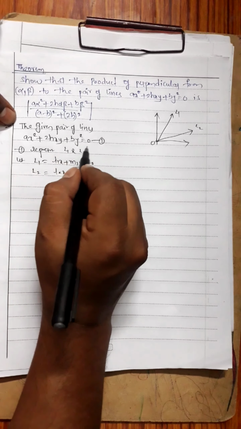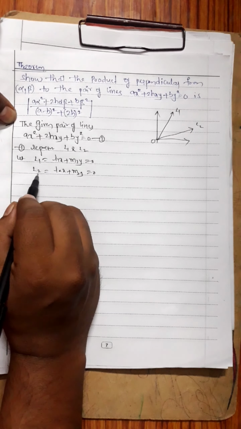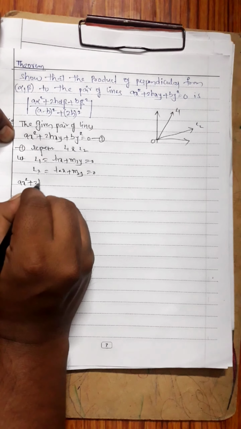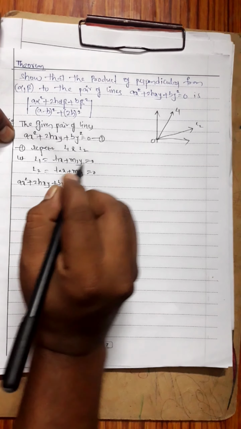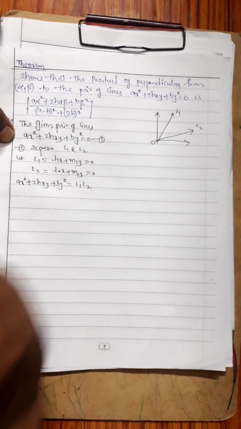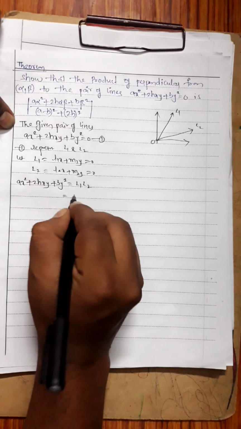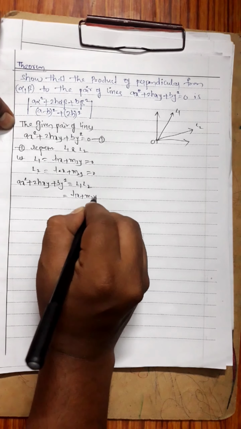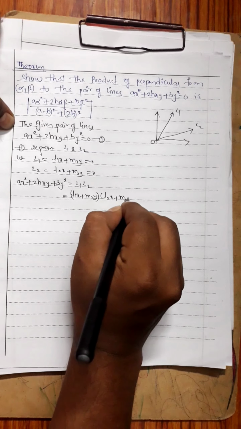So this equation represents L1 and L2, so we can write ax square plus 2hxy plus by square is equal to L1 into L2. So it becomes (L1x plus M1y) into (L2x plus M2y).